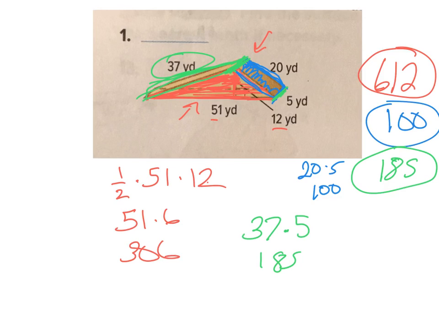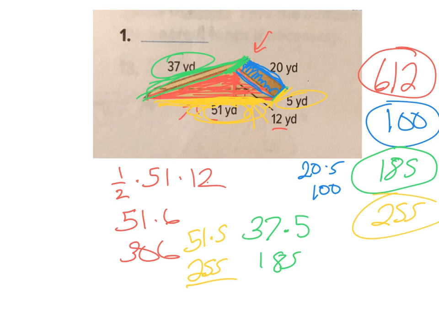Now, the only thing I'm missing is this bottom side. We know that it is a rectangle, and it's a 51 this way by a 5. So let's do 51 times 5. 51 times 5 equals 255.